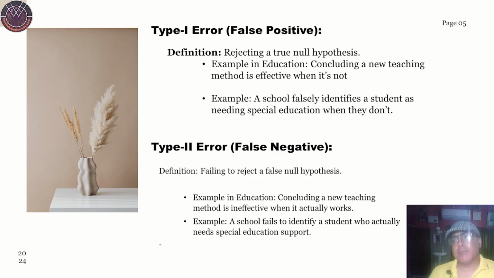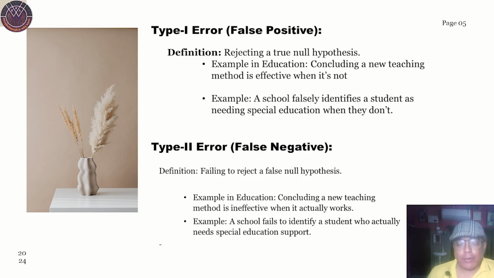Here also it may be due to sampling error, instrumentation error, any other random error or any other systematic error, but whatever the reason, you took a wrong decision by saying that your null hypothesis is true, but actually it was false. That type of error is called type 2 error or beta error.